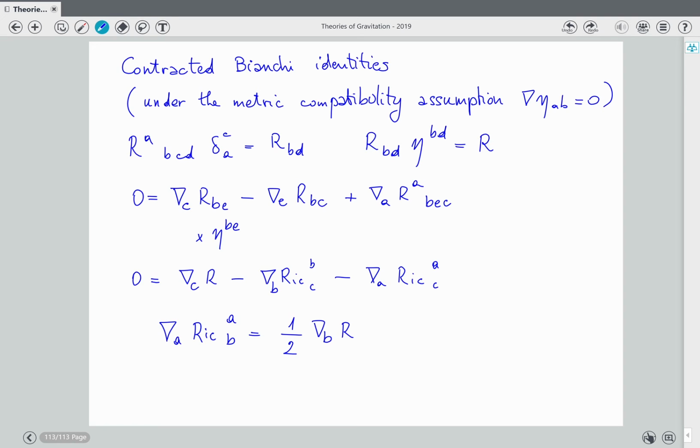So maybe it's better to write this in more common notation, where now R mu nu is the Ricci tensor, so don't confuse it with the two-form that we introduced.